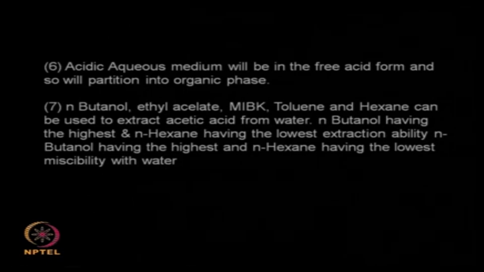So when you have a group of solvents, each looks like a feasible opportunity for extracting your solute. Within that group you can select based on the miscibilities, based on the extraction ability as well.